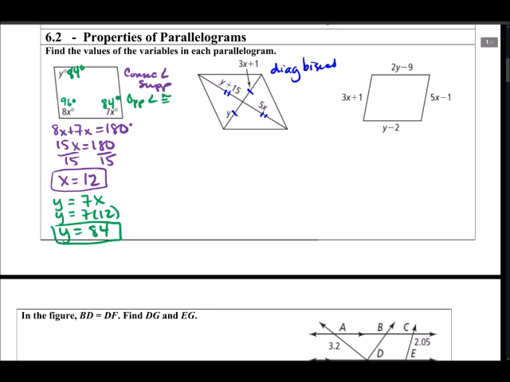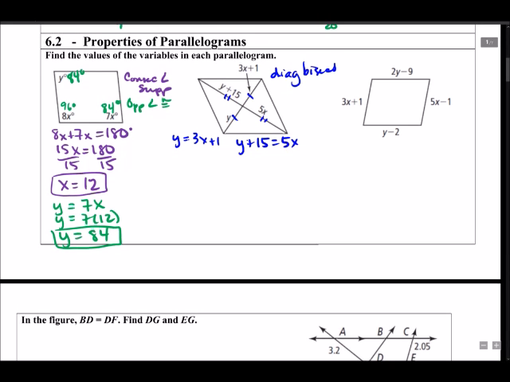So that's just a matter of writing equations. And my first one is y equals 3x plus 1, and my second equation is y plus 15 equals 5x. So, oh no, we have a system of equations here. I'm just going to use substitution because I already have a y.